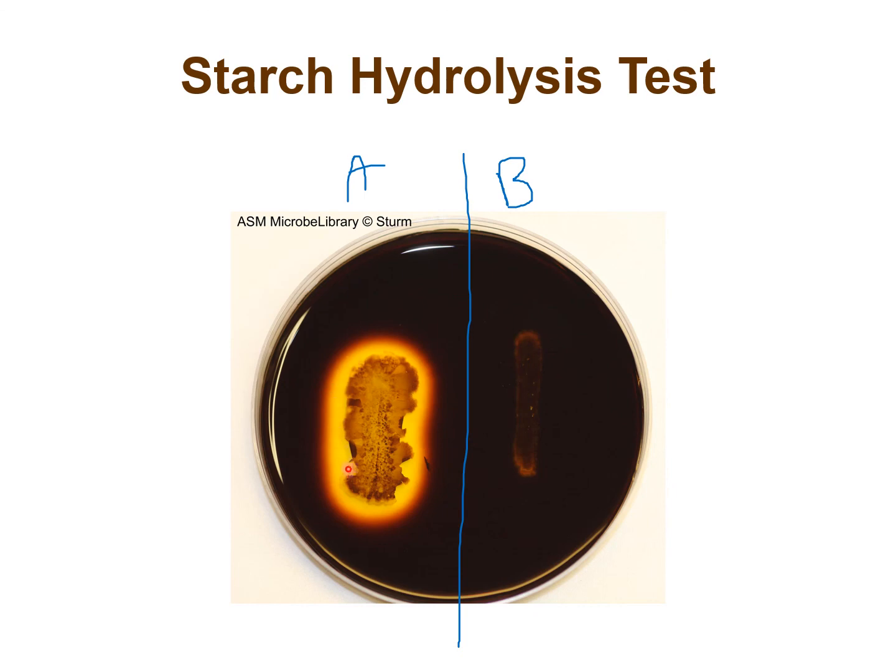On this side, notice how there's this clear zone around the bacteria. That means the bacteria is producing amylase, breaking down the starch around it, and therefore you get this clear zone right here. So this is definitely a positive result, and on this side it's definitely a negative result for starch hydrolysis.